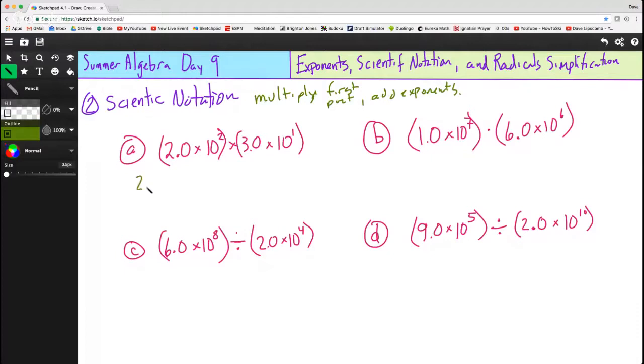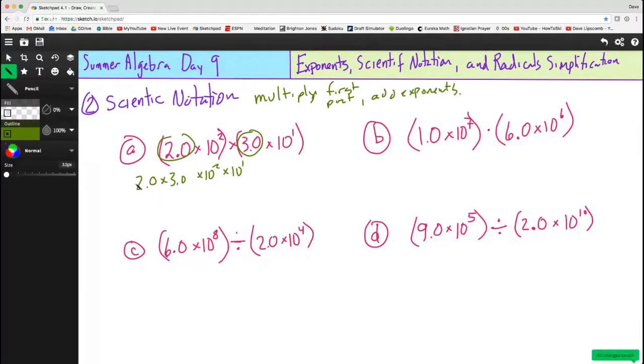The idea is this: 2.0 times 3.0 times 10 squared times 10 to the 1st. That's just rewriting a bunch of multiplying using our commutative properties. So that's this times this, and then when you multiply powers, you just add their exponents. And so that's the intuition. I just gave it to you.